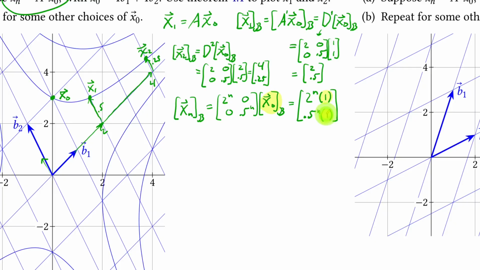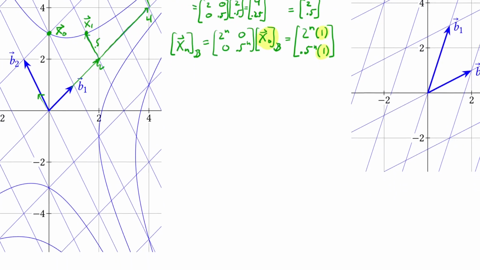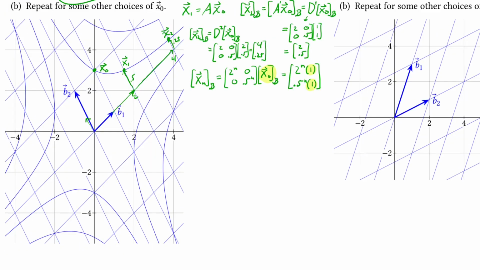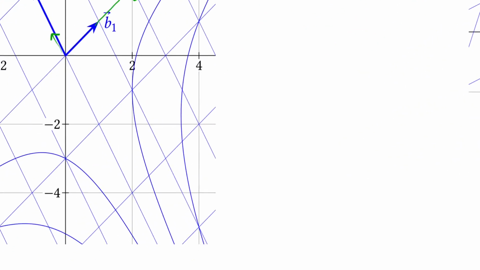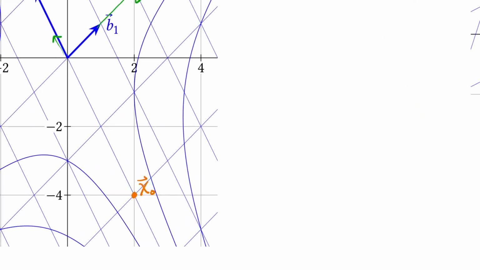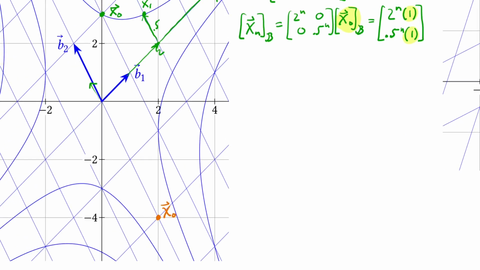Now, this was the way it worked with this particular x0. But what if you had a different x0? Let's try something else. Let's say x0 is down here. This one, x0, is just negative 2B2. Its B1 coordinate is 0 because you don't go that way at all. So x0 itself is (2, -4). Those are its regular old-fashioned coordinates.